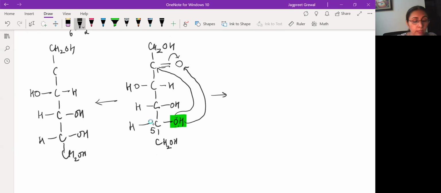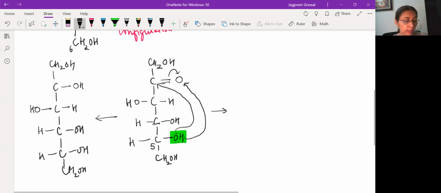Rest of the groups are the same. And the new OH group which is formed is on the right hand side. Of course, this has reacted. So if I show the cyclization, I can show it this way.